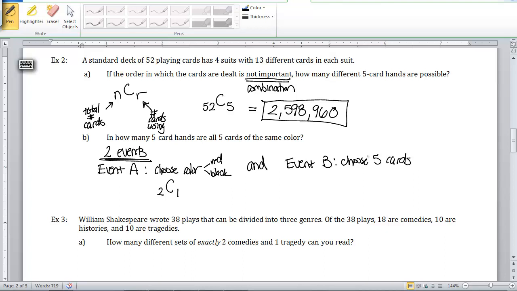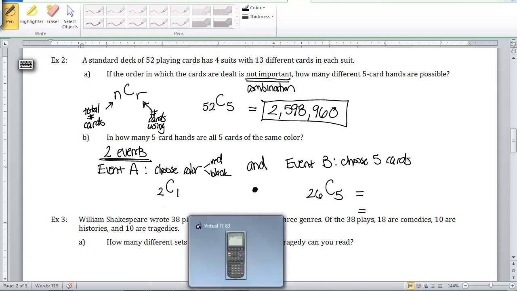Now keep in mind, we've already chosen a color, so we're down to only 26 cards that are either red or are black. So when I'm choosing my 5 cards, I only have 26 cards to choose from, and I need to choose 5. And because I need both events to happen, we need to multiply these 2 combinations.